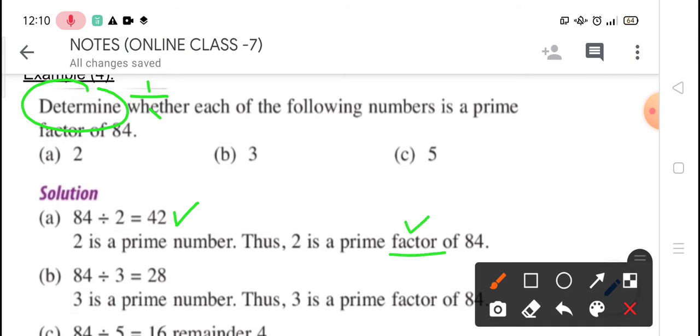However, this question asks us to determine prime factors. So even though it's a factor, we also have to check whether this number is a prime number. So we continue. 2 is a prime number. Yes, also prime. So we can conclude that 2 is a prime factor of 84.